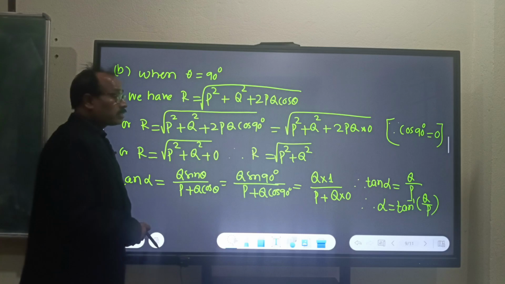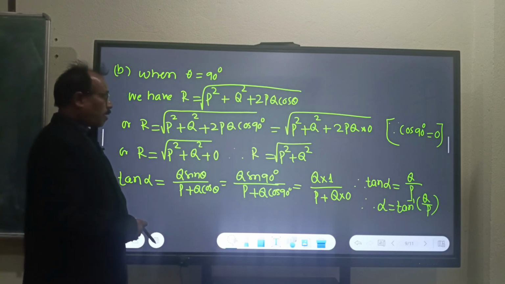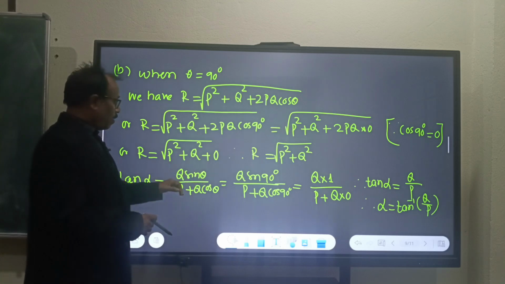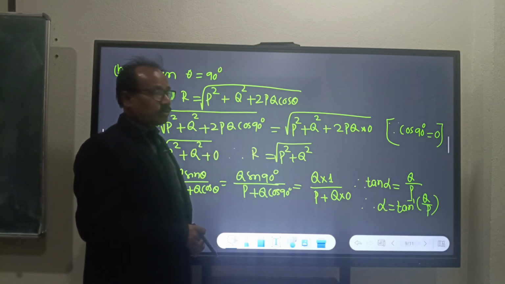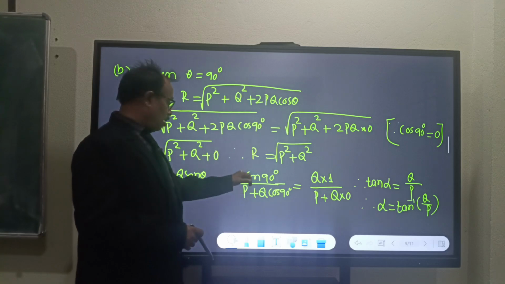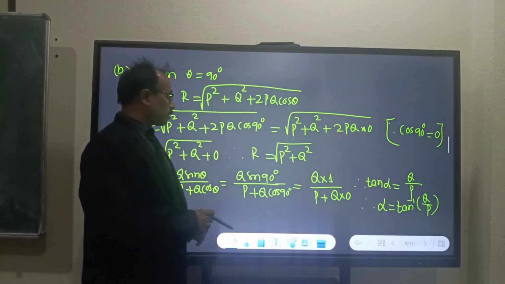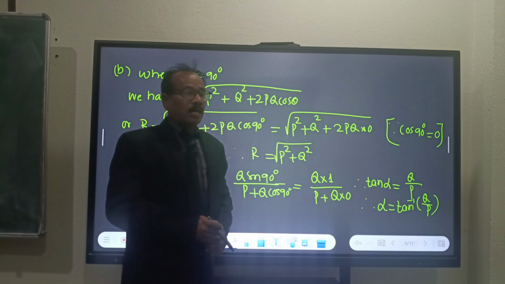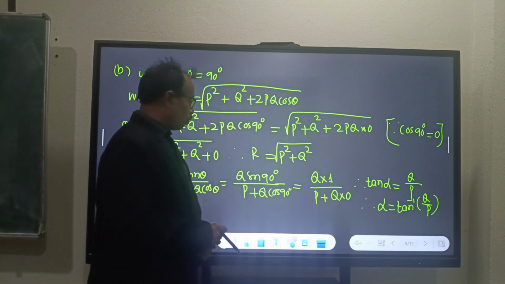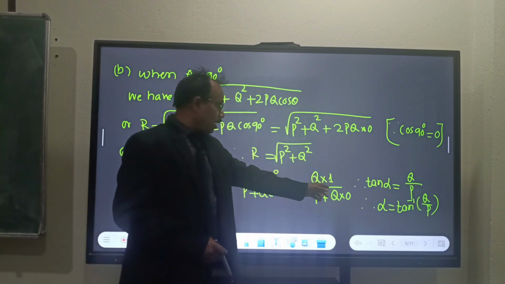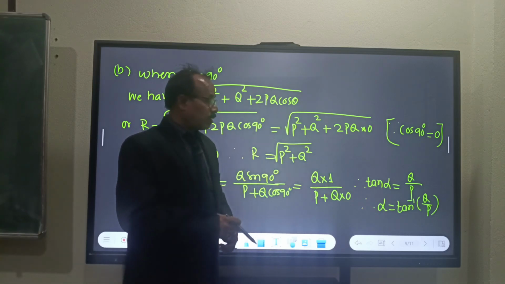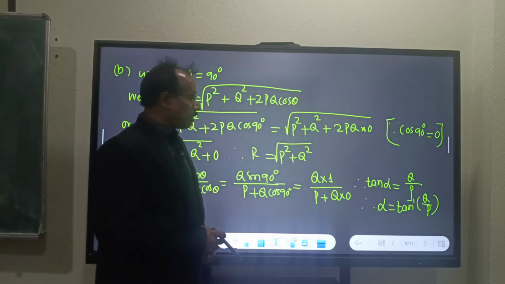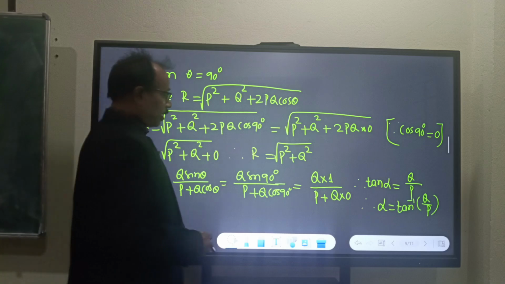Then, what is tan alpha? You know that tan alpha is equal to Q sin theta by P plus Q cos theta. Since theta is equal to 90 degrees, tan alpha is equal to Q sin 90 by P plus Q cos 90. You know that sin 90 is equal to 1 and cos 90 is equal to 0. Therefore, Q into 1 by P plus Q into 0. Therefore, tan alpha is equal to Q by P, or alpha is equal to tan inverse Q by P.